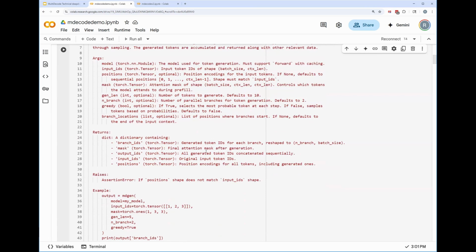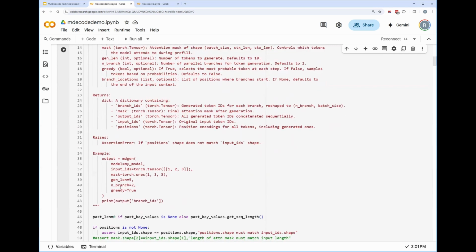And the mask, more for diagnostics, is the attention mask that has all of the generated tokens built into it, and likewise positions. I guess mask is more than just diagnostic, because you need to build on the mask for the next call if you're doing multiple calls.